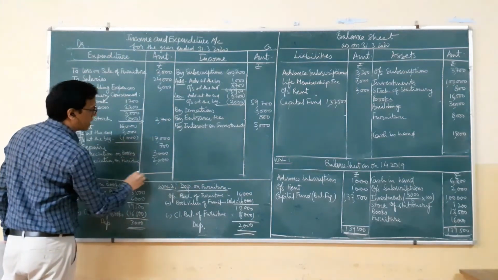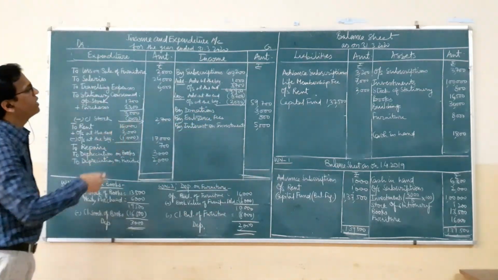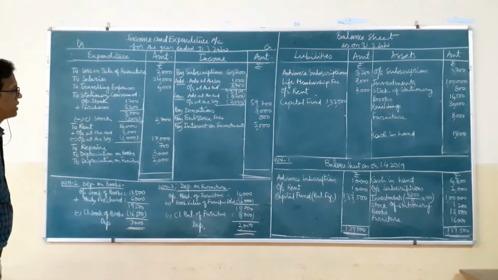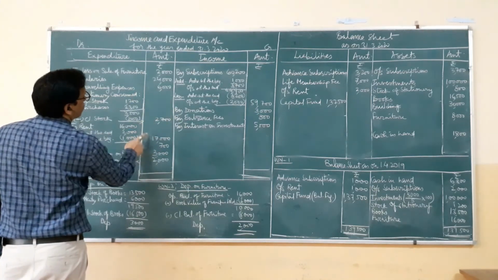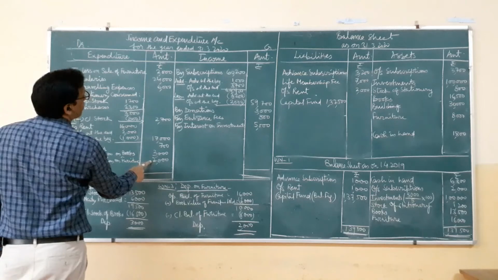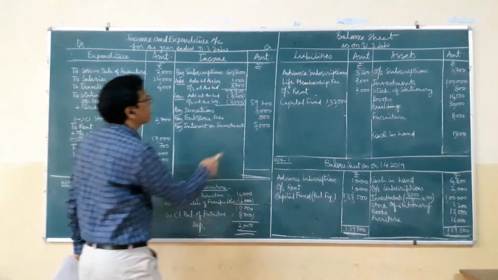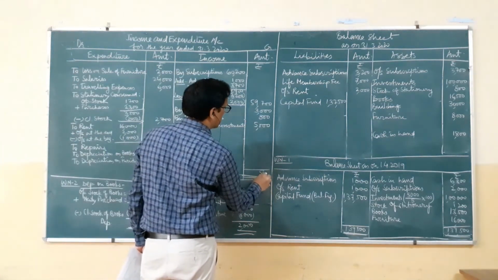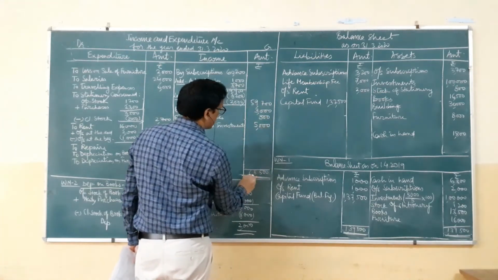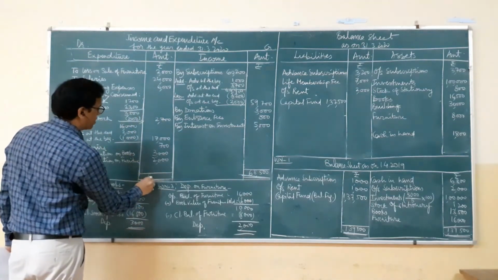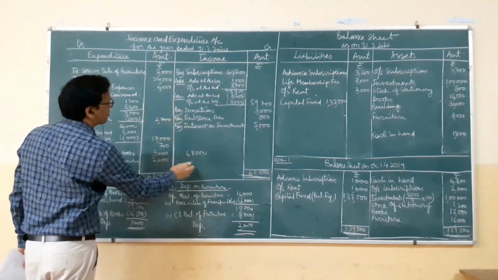We'll check the total of both the sides. Here 68,500 on the credit side. Whereas here 57,400 this side. So this side is larger, so this total we will take. 68,500, and here it was how much? 68,500 minus 57,400, we will check the total once again.